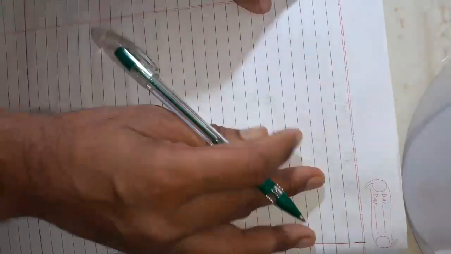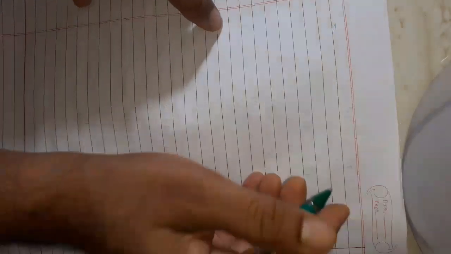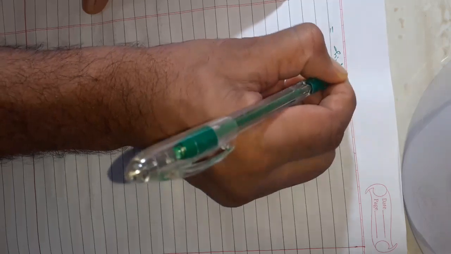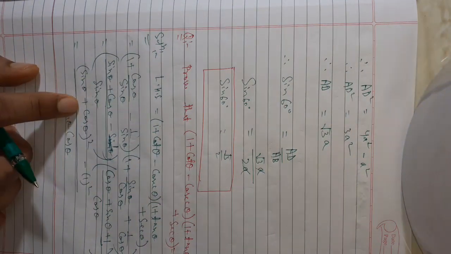Now after this we can write is equal to sin square theta, because here is what? Sin theta plus cos theta whole square.